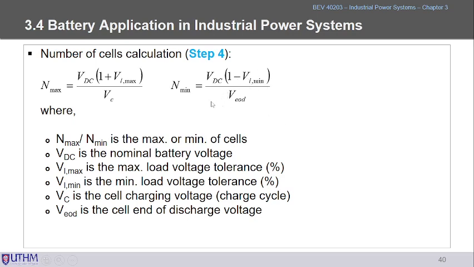And for the minimum, we need to know about the end of discharge voltage. So how much is the end of discharge voltage for our battery? We need to consider this end of discharge voltage. End of discharge voltage is the minimum voltage that the battery needs to be discharged to.